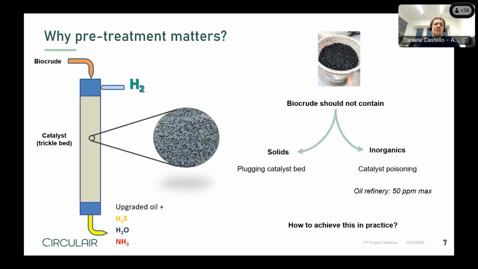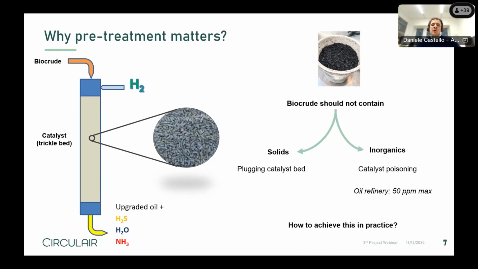We need pretreatment to treat this fraction, and we need pretreatment for a simple reason: typically the upgrading, so hydroprocessing, is operated in fixed bed, trickle bed reactors packed with a catalyst. And so this oil should be at least at a minimum quality that can be processed in this kind of reactors, which are normally used in refineries.